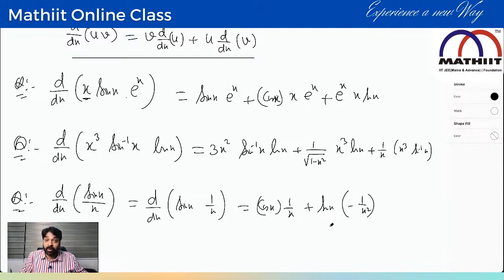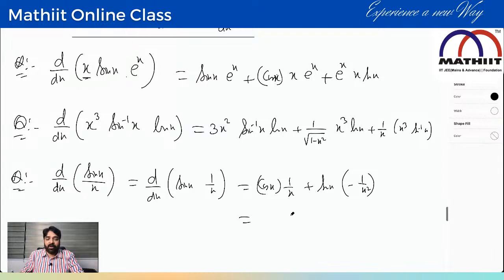I already told you 1 by x differentiation is minus 1 by x square. Finally, if you want to take LCM you can take it, it will come the same. So this will become x cos x minus sin x. That will be your answer. Is it clear to everybody?